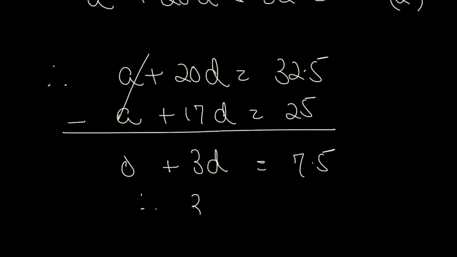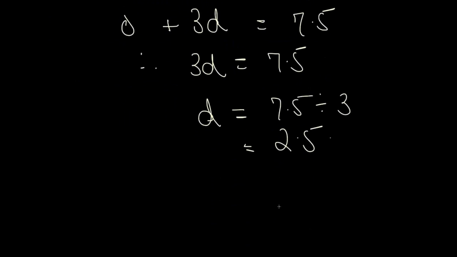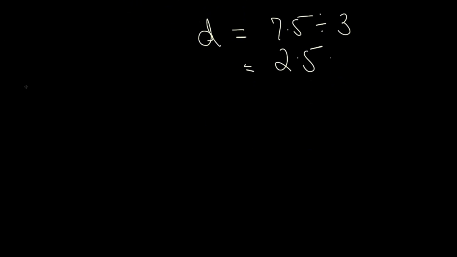Therefore, if 3D equals 7.5, then D must equal a third of 7.5, which is 2.5. Very simple math. So we've ended up finding D first, and given the examiner the answer. We got D equals 2.5.